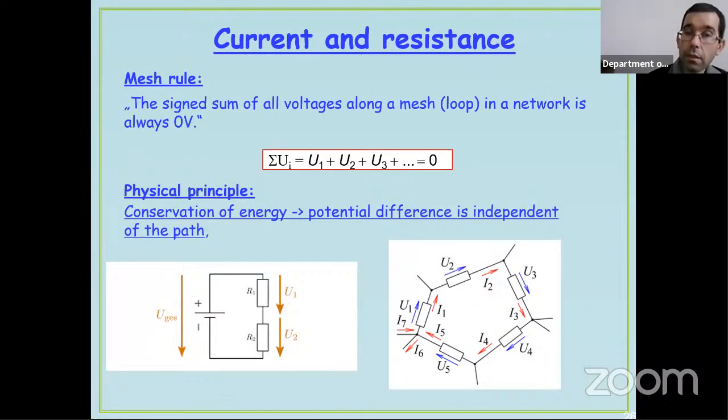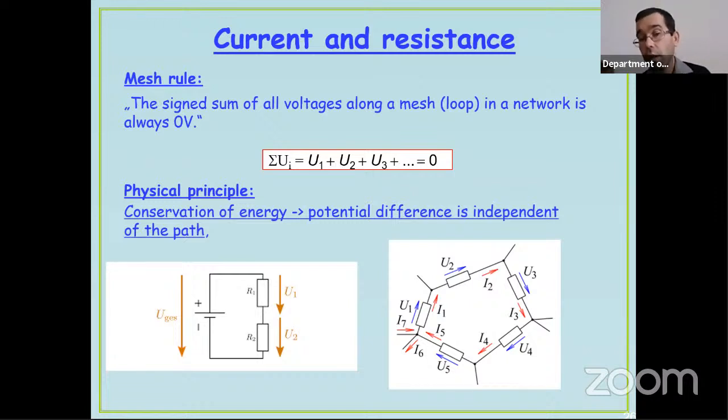Here you see the loop rule, which states that the sum of the voltages, these can be both voltage rises and voltage drops. We have a voltage rise between the 2 connections of, for example, a battery.